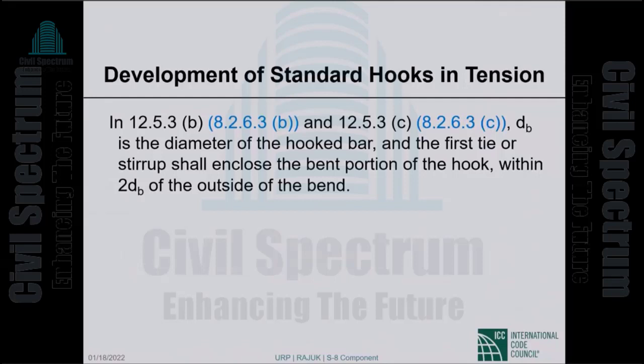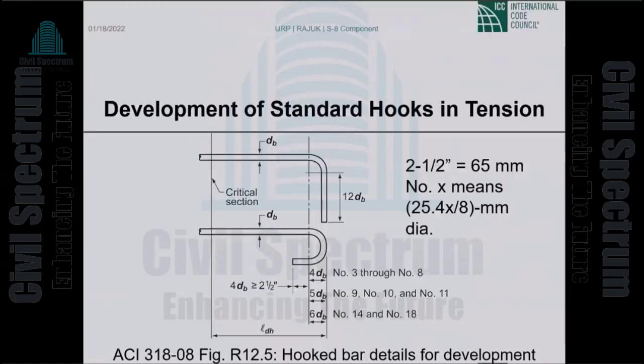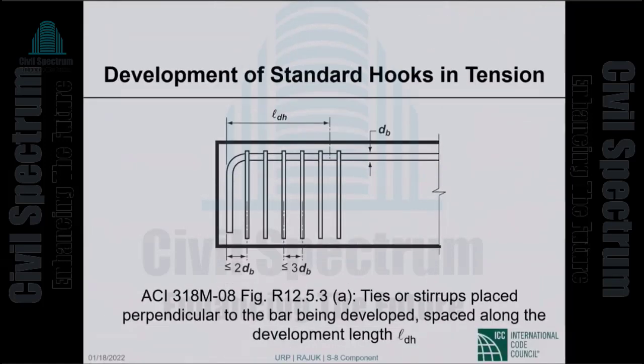So in the pictures that I showed you, the confinement reinforcement perpendicular to the bar being developed or parallel to the bar being developed, the first tie or stirrup shall enclose the bend, so this is talking about the very first one, being no more than 2 bar diameters from the end of the hook.